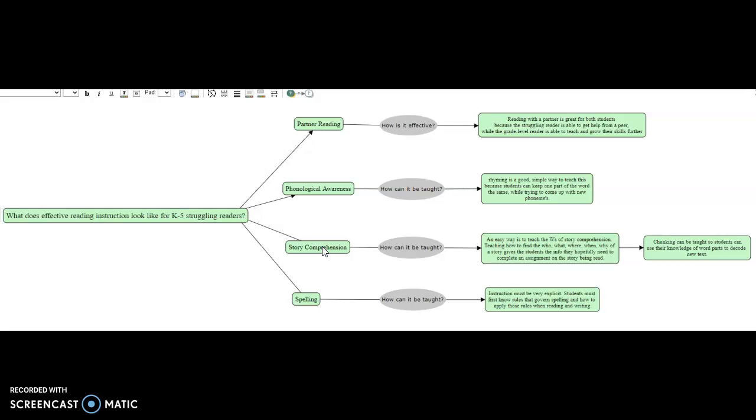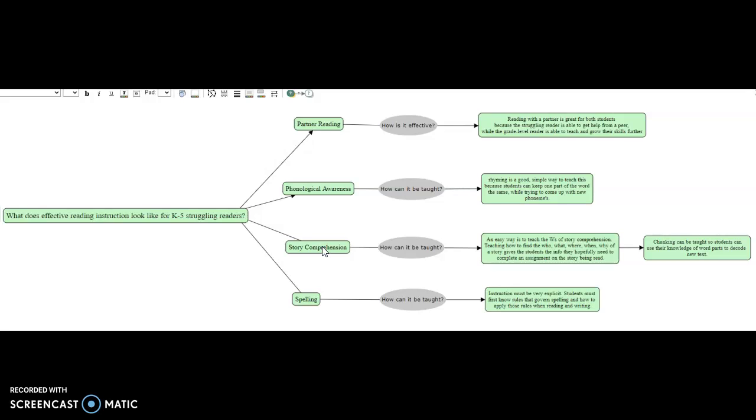And the main thing that a lot of teachers teach are the W's of story comprehension, which is teaching students how to find the who, what, where, when, and why of the story. And hopefully by learning those W's, they're able to get a general sense of the story's main ideas and hopefully can lead to higher comprehension on their part.